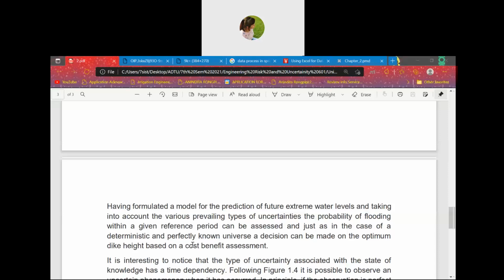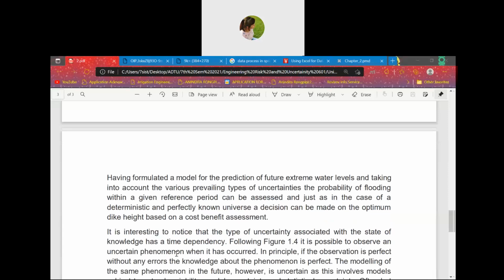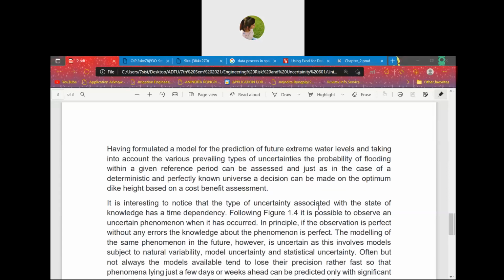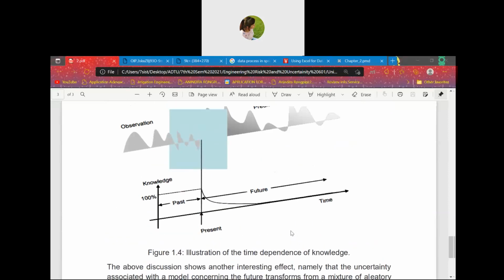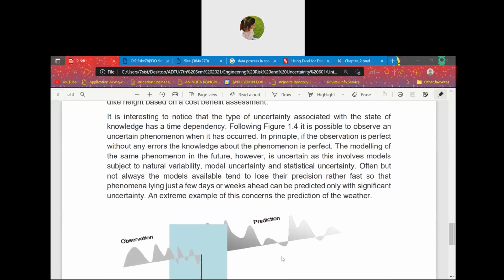It is interesting to notice that a type of uncertainty associated with the state of knowledge has a time dependency. Time dependency is a very important factor in case of uncertainties. Following figure 1.4, an illustration of the time dependence of knowledge, it is possible to observe an uncertain phenomenon when it has occurred.